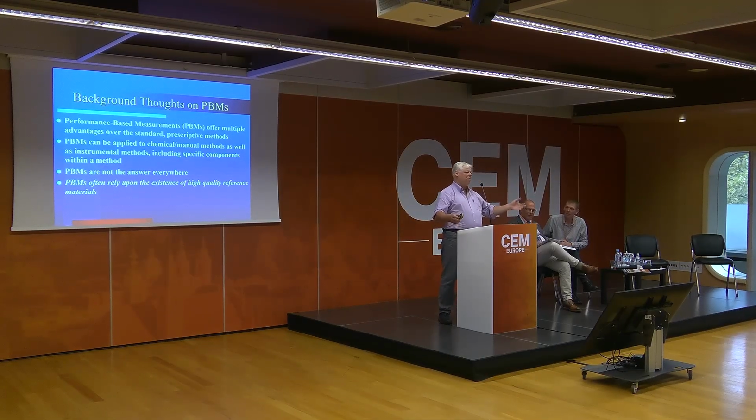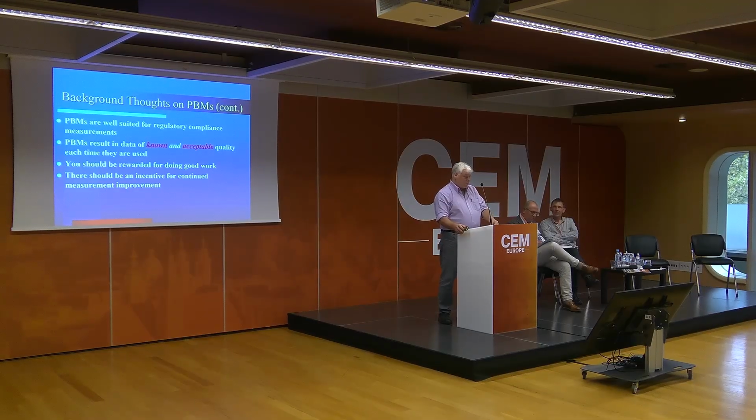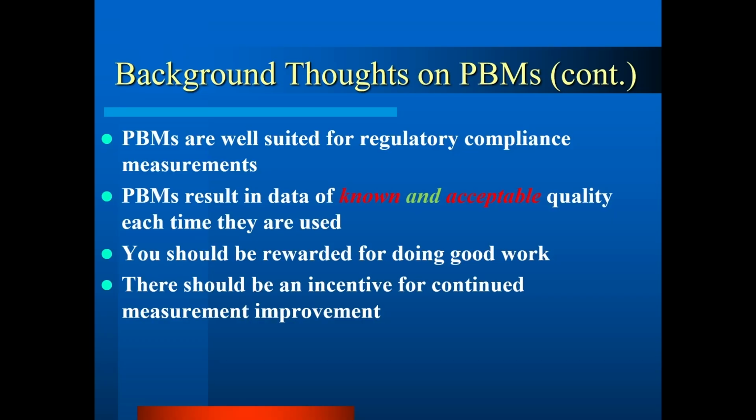So the performance-based approach offers an alternative. Not that EPA doesn't have method 301, it's still out there, and as a matter of fact, it was recently revised. The good thing is that performance-based measurements are very well suited to regulatory compliance, and the most important thing is that each and every time you use a performance-based method, it results in data of known and acceptable quality.